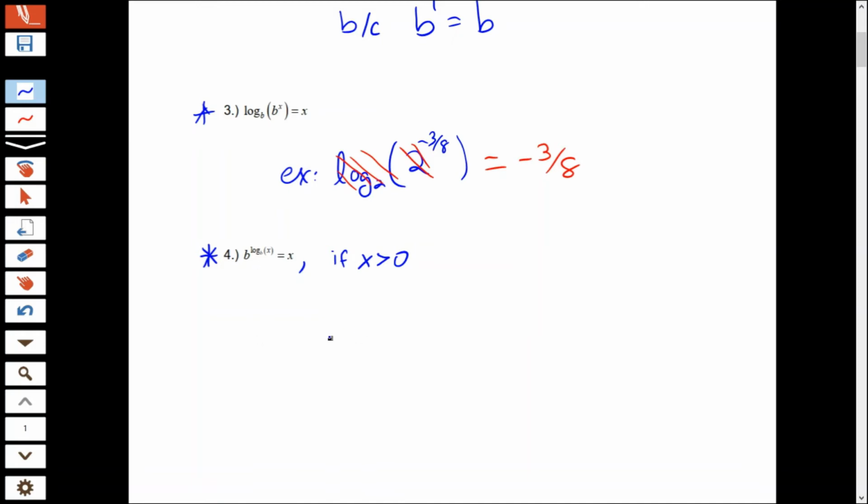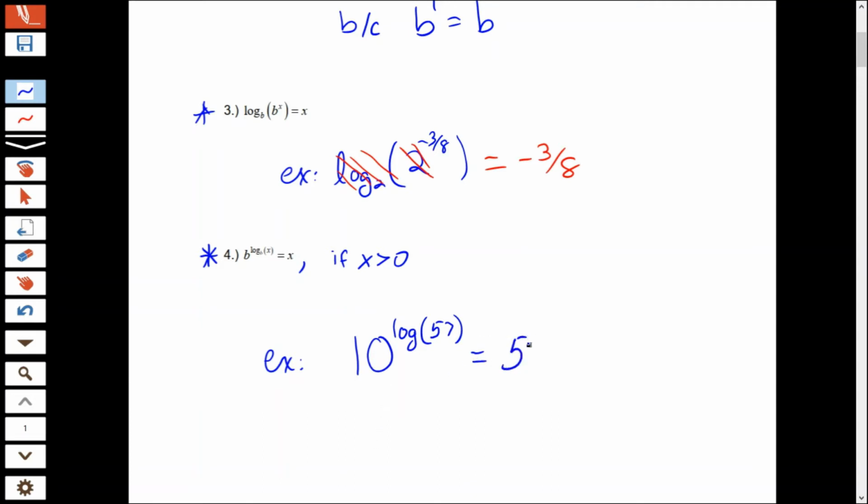So, as an example, I could say 10 to the common log of 57, right? So now the common log of 57 says 10 to the something equals 57. I don't know what it is, but there is an exponent that will take 10 and turn it into 57. Now raise 10 to that power, and what do you get?